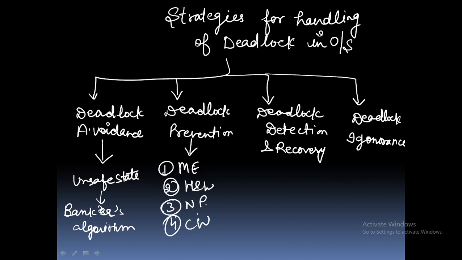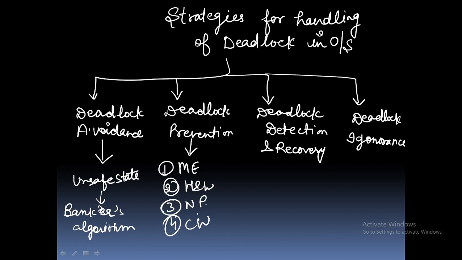Hold and wait. This condition can be violated in these ways. According to the first approach, a process has to first request all the resources it requires for execution. Once it has acquired all the resources, only then can it start its execution.